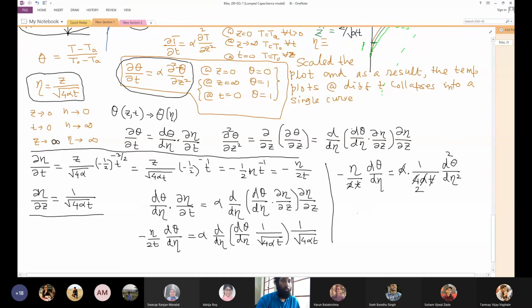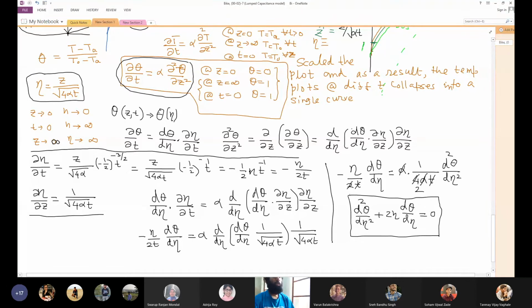So now what we get is d2 theta d eta 2 plus twice eta d theta d eta equals 0. So this is the ordinary differential equation.